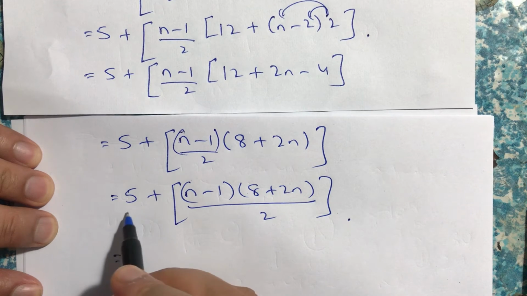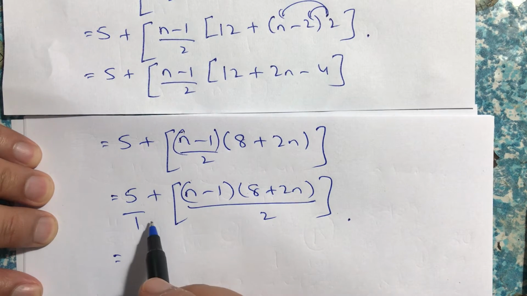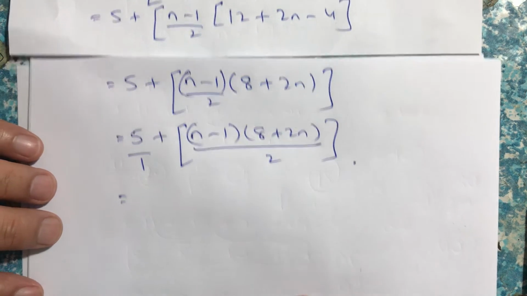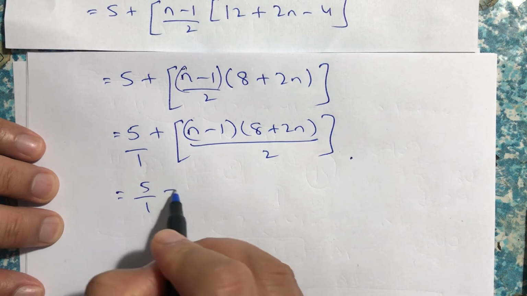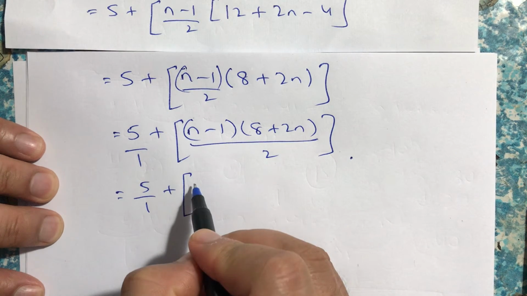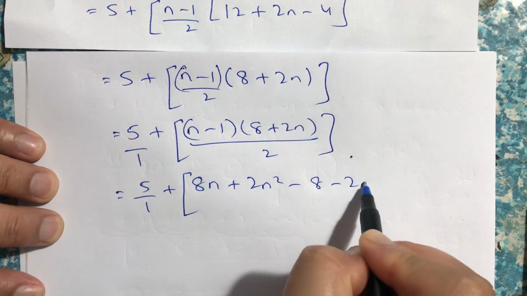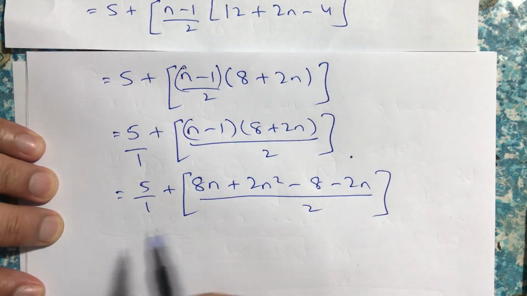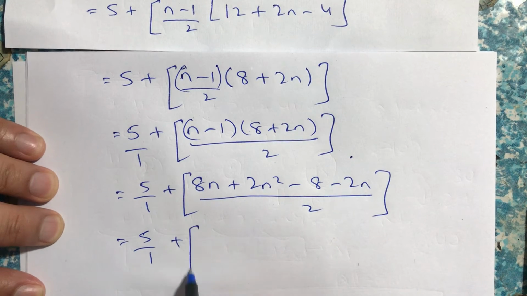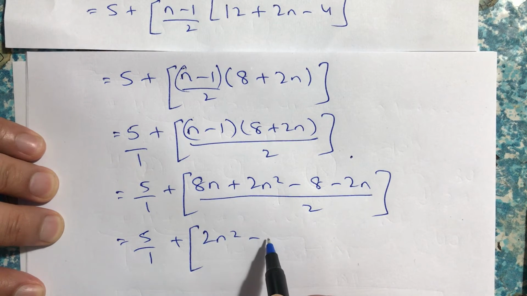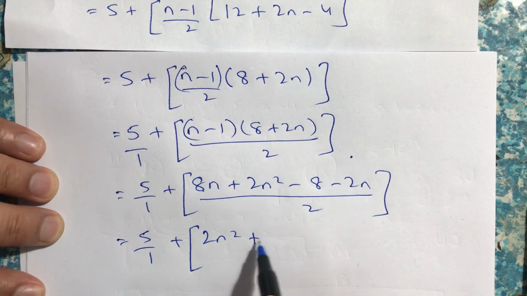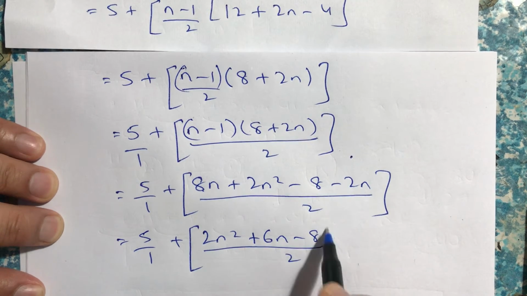If you don't want to find the LCM first and want to solve this, you can do n into 8 is 8n plus 2n square minus 8 minus 2n, the whole thing divided by 2. So we get 5 by 1 plus 2n square, minus 8n plus 2n gives plus 6n minus 8, whole thing divided by 2.